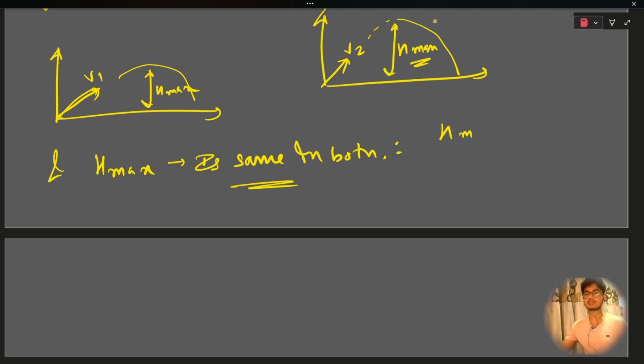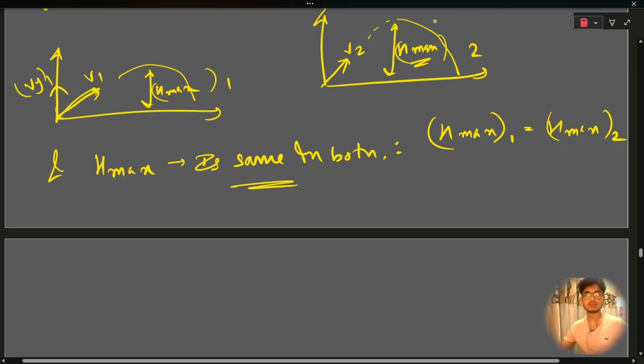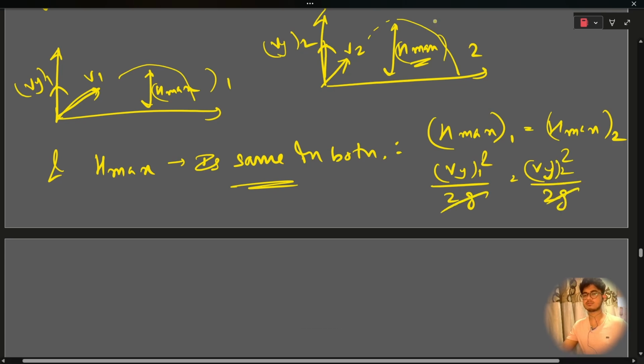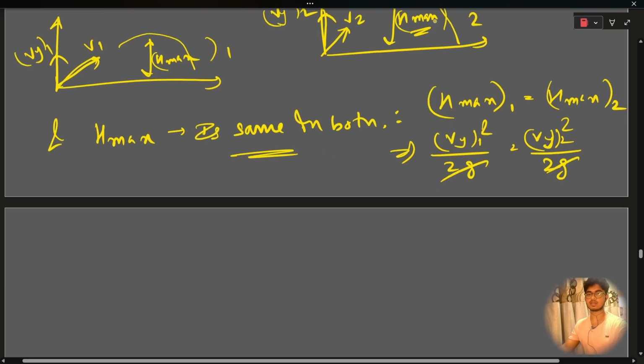Now, what does this mean? First of all, we can write this as H max 1 and H max 2. Now, this is Vy1 here, and Vy2 here. So, Vy1 whole square by 2g equal to Vy2 whole square by 2g. Now, g is equal in both, so they get cancelled.